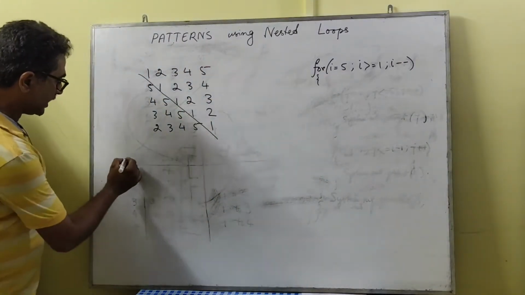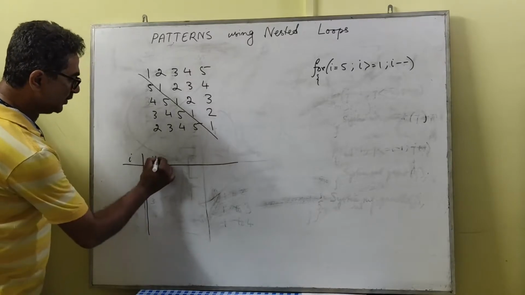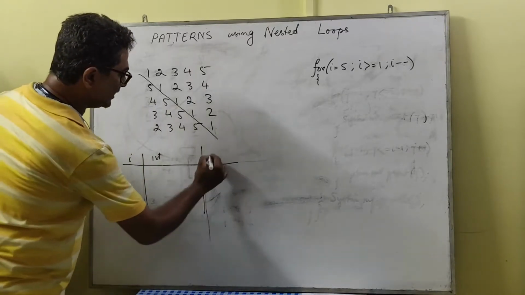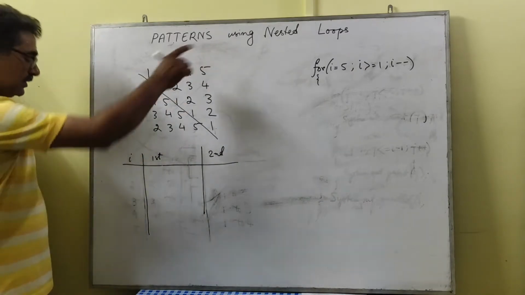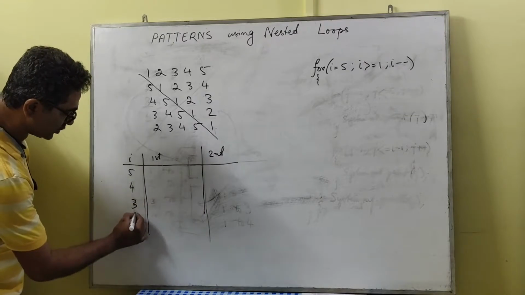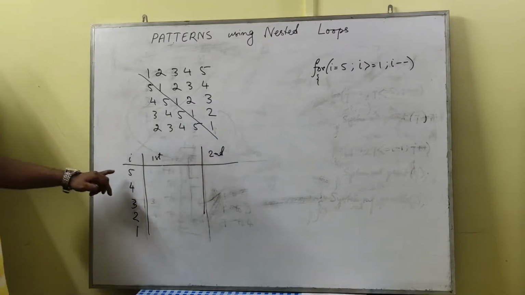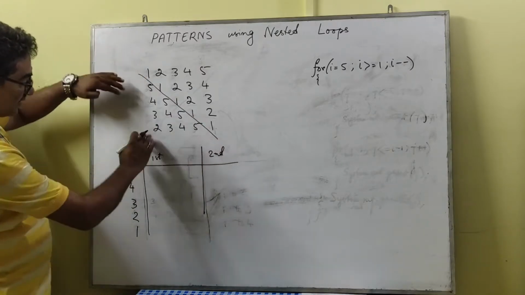Okay. Now the value of i, the inner loop, the first inner loop, and then the second inner loop. We are going to determine that. You can see the value of i will be ranging from 5 to 1. So 5, 4, 3, 2, 1. When the value of i is 5, now do not make a mistake, this is our first half.